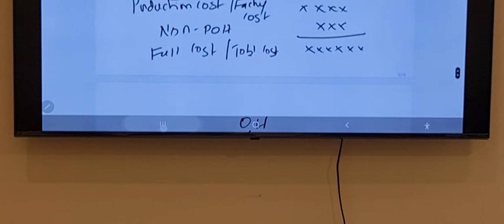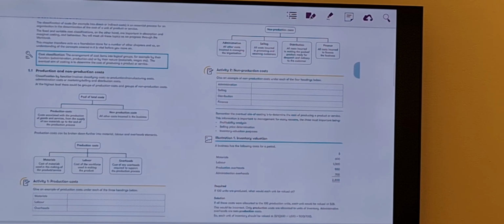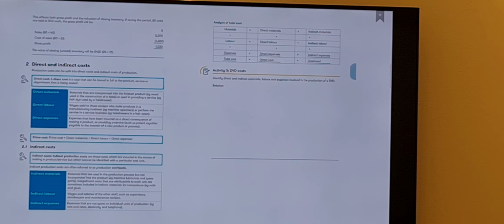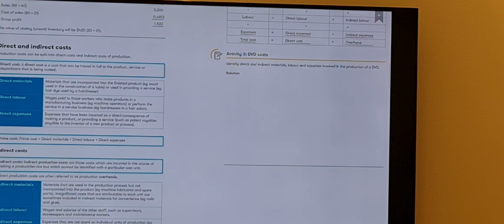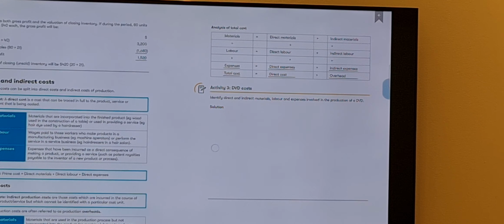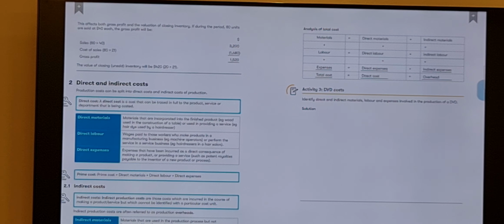Now direct cost is an indirect expense. Fine? You can see the definitions are given here, the same formula that we discussed, direct cost, indirect cost, and this table that we have done.